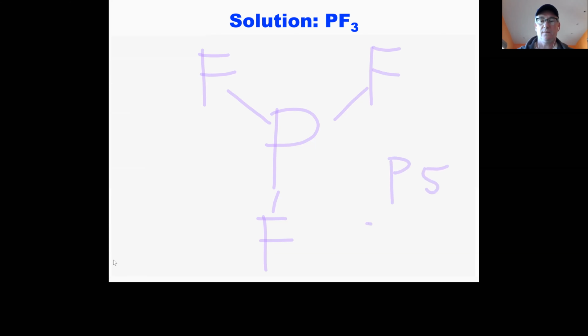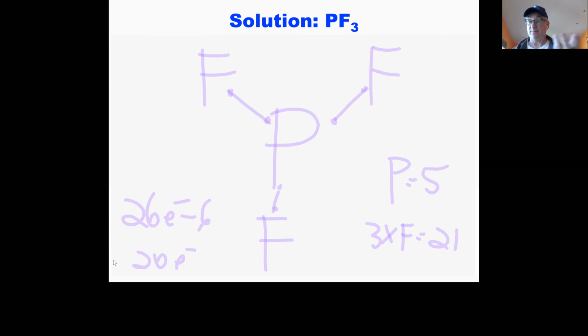And how many in fluorine? 7. So 21 from the fluorines, that's 26 total electrons. I've got 6 in bonds, remember? 1, 2, 3, 4, 5, 6. So I need 20 electrons.